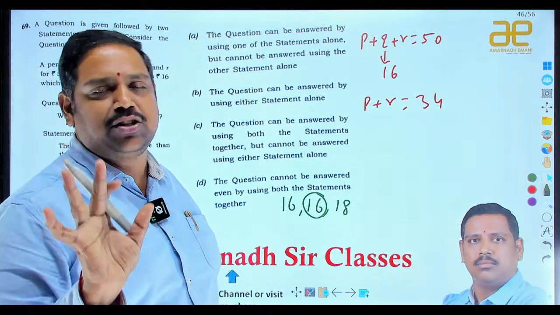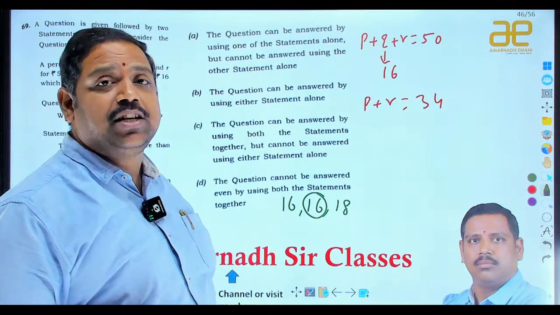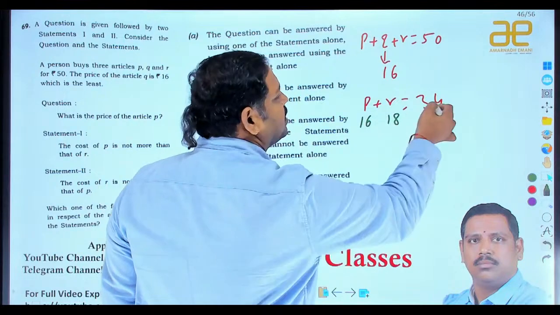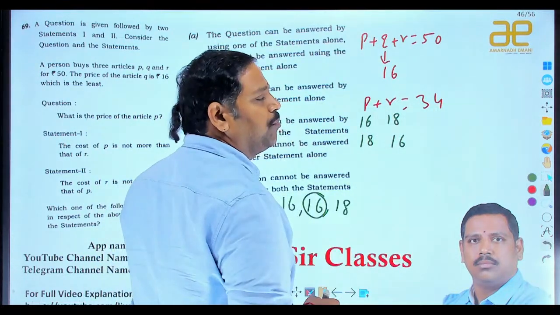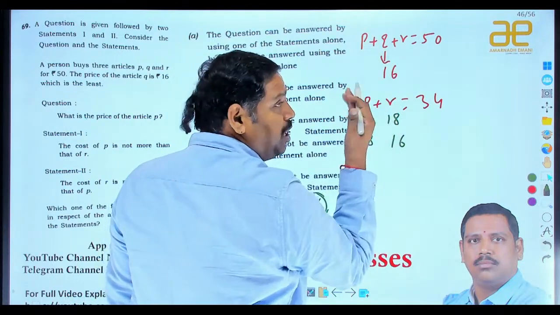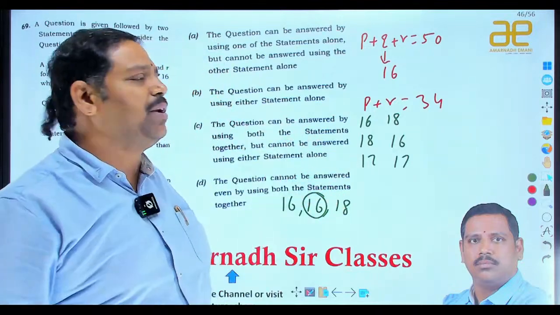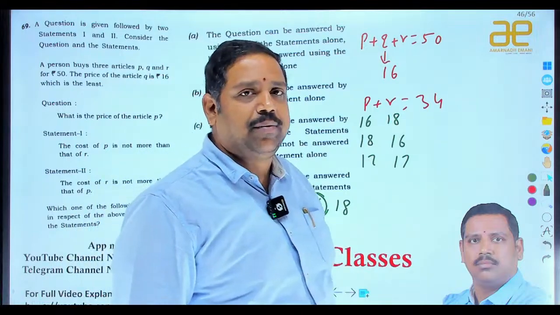He has specified that is least. Okay. So means some other might also be least. So we can think that P16 R18 sum is 34. Or P18 R16 sum is 34. Okay, less than 16 I am unable to take now. So other possibilities 17 and 17. These three possibilities are there for P and R. Means from the given question already I have noticed this one data.